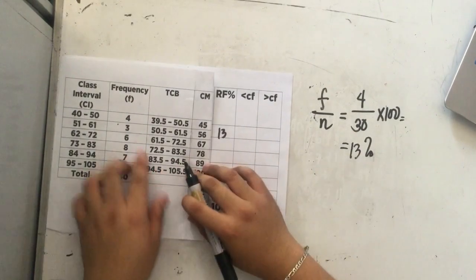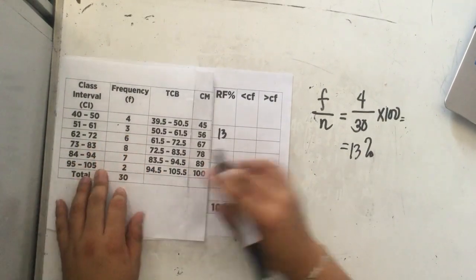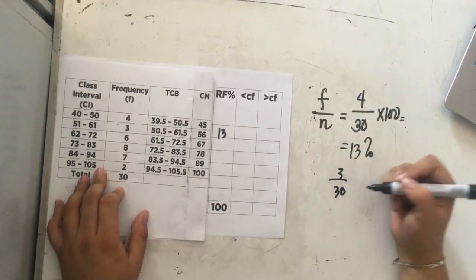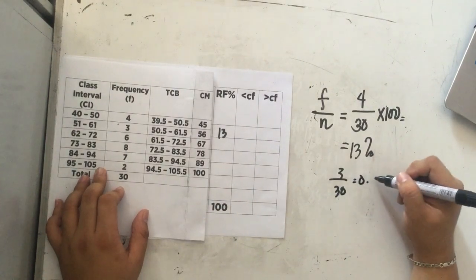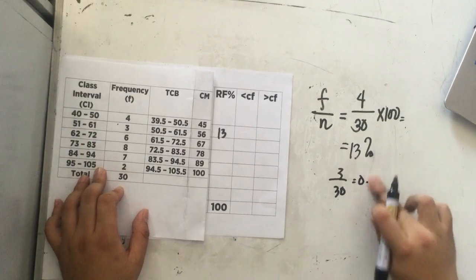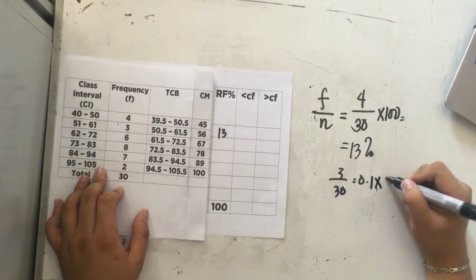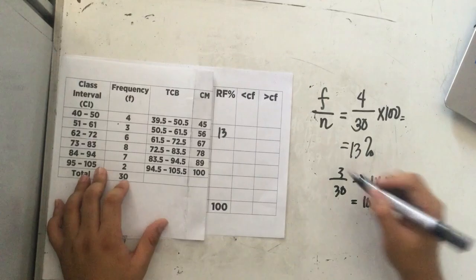Okay, next we have 3 divided by 30 is 0.1 times 100, then we get 10.